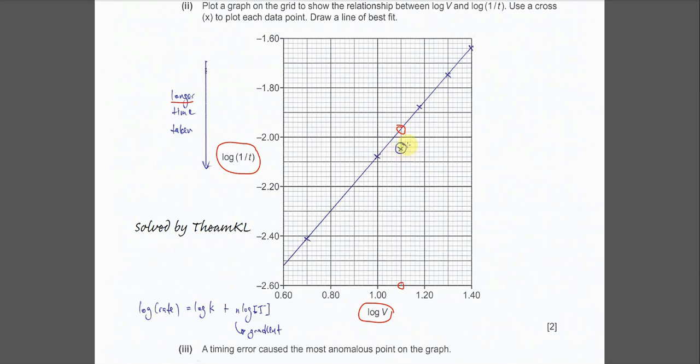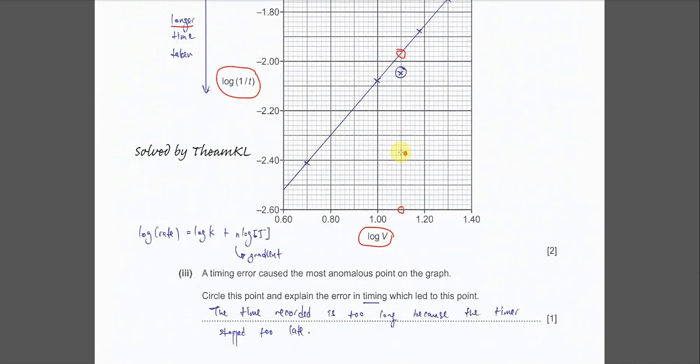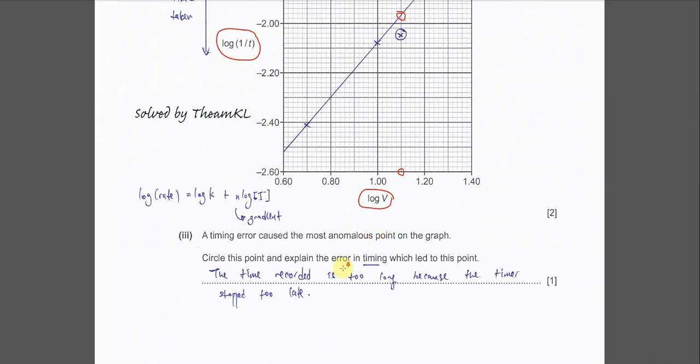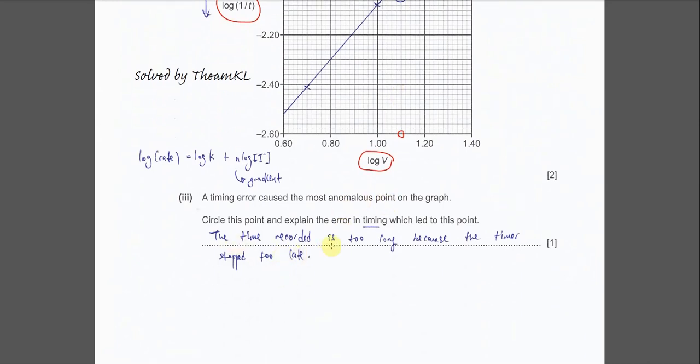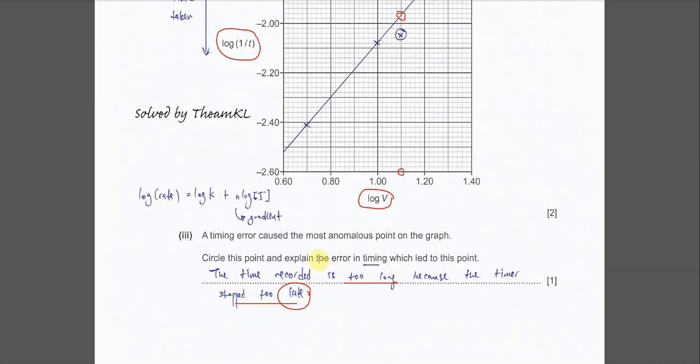Because of the longer time taken, this point ends up lower than the best fit line. So why is it longer? The time recorded is too long because the timer stopped too late. The student stopped the timer later than expected. So that's the reason.